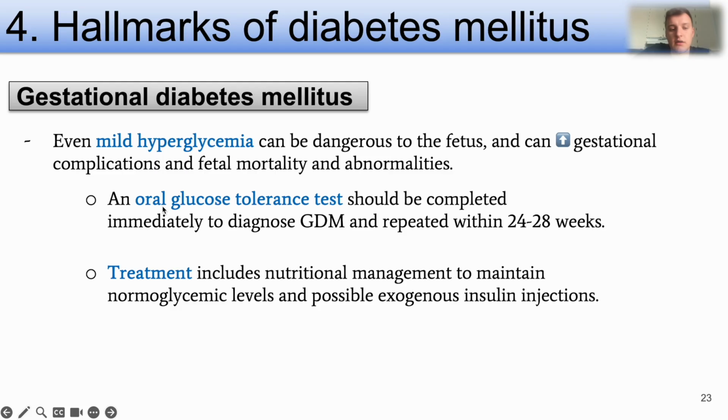An oral glucose tolerance test should be completed immediately to diagnose gestational diabetes and repeated within 24 to 28 weeks. Treatment includes nutritional management during the pregnancy to maintain normal glycemic levels and possible exogenous insulin injections, so that things stay as is.